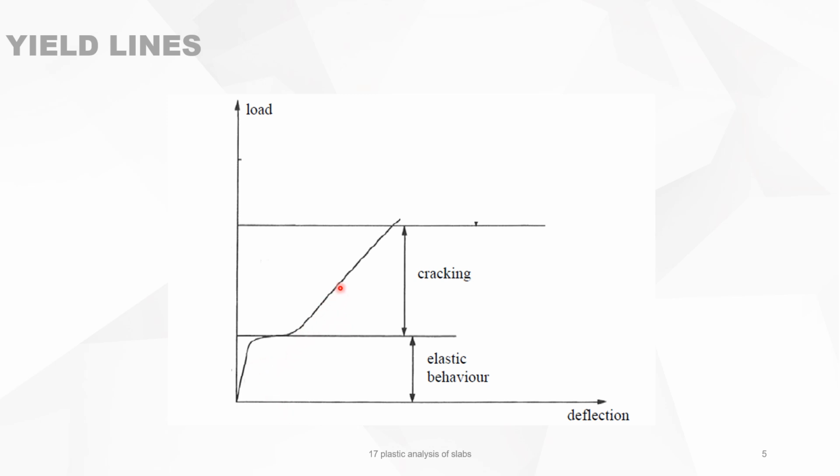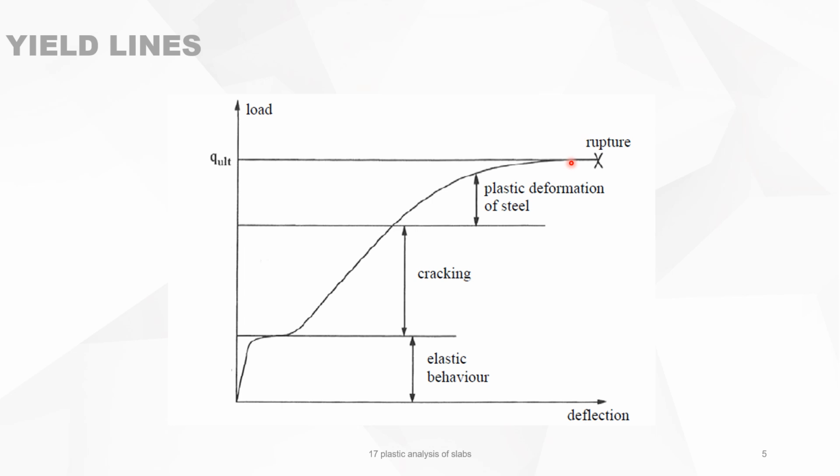So the modulus of elasticity is smaller, up to 1/3 of the modulus of elasticity of uncracked concrete. After that, you get a plastic deformation of steel until a point where there is a rupture and the load cannot be increased.